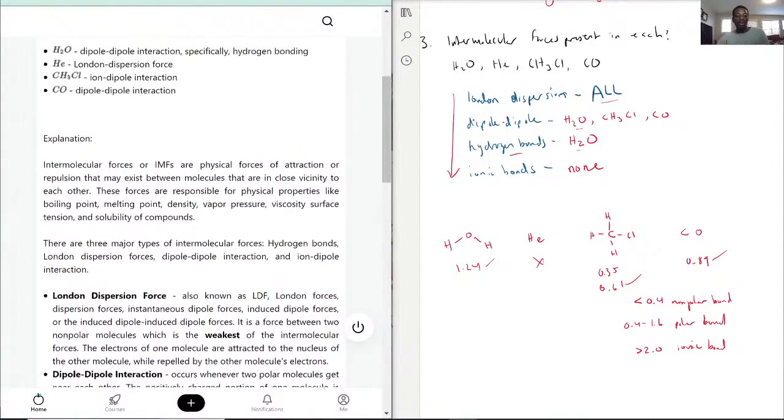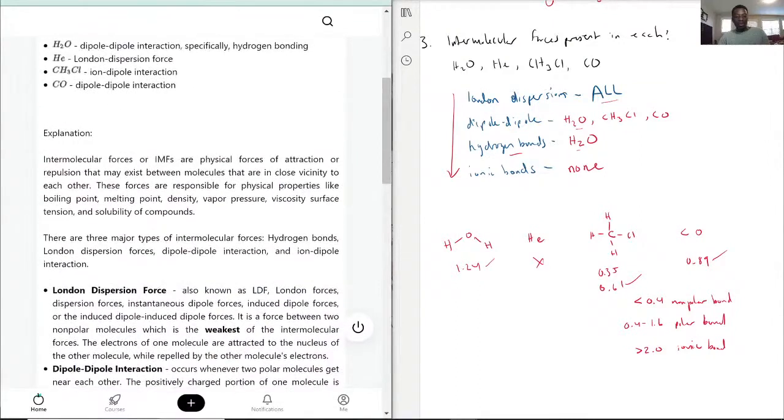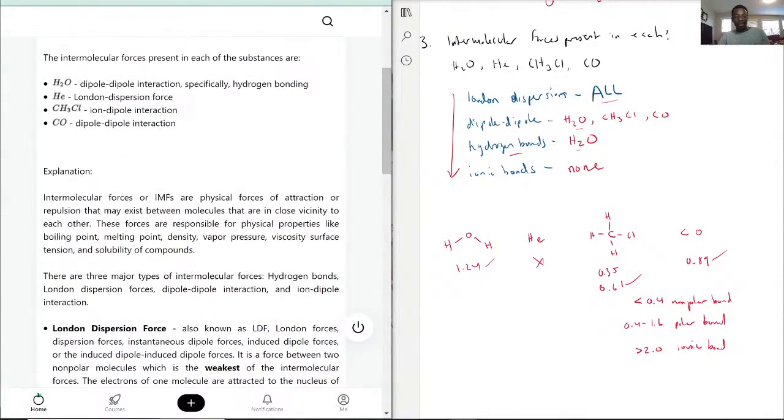So I'm going to say this is partially correct, but CH3Cl is just going to be dipole-dipole. If we were dealing with something like NaCl, that would make sense.